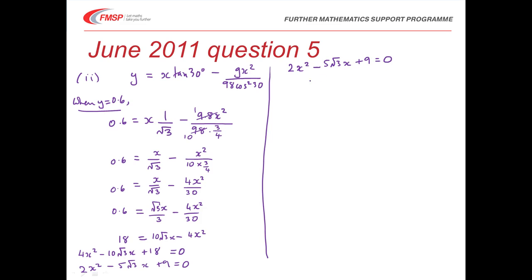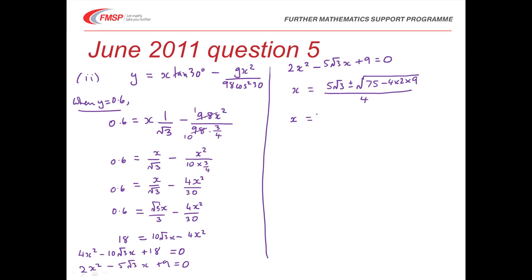Clearly with that root 3 in the middle it's not going to factorise, so I'm going to use the equation. x equals minus b, so that's positive 5 root 3, plus or minus the square root of b squared, so that's 5 squared times root 3 squared, so that's 25 times 3, 75, minus 4 times a, which is 2, times c, which is 9, all over 2a, which is 2 2's, which is 4.